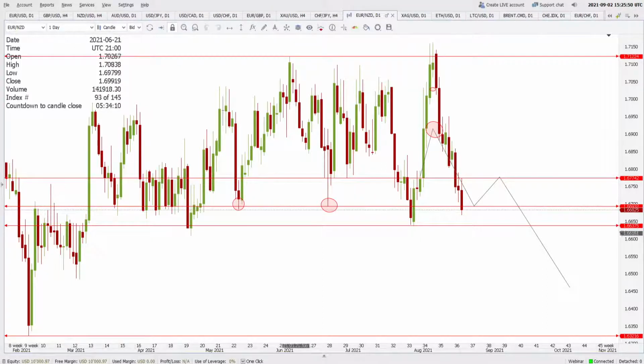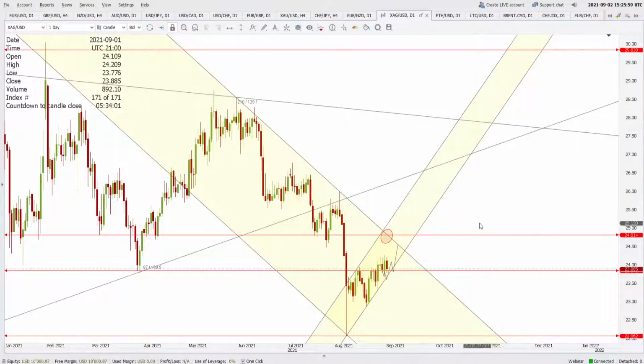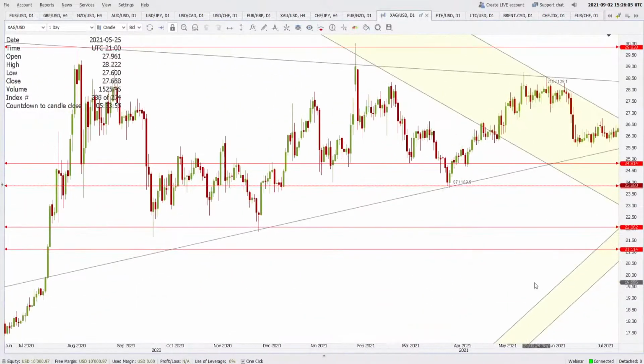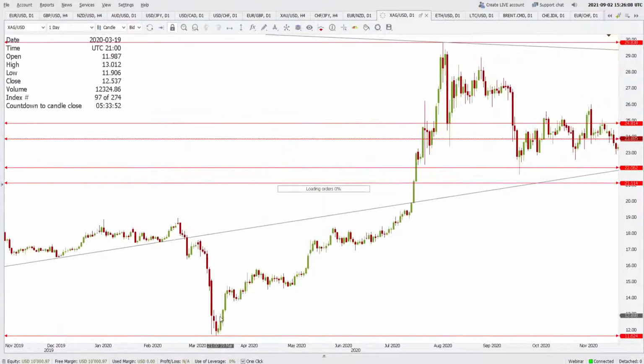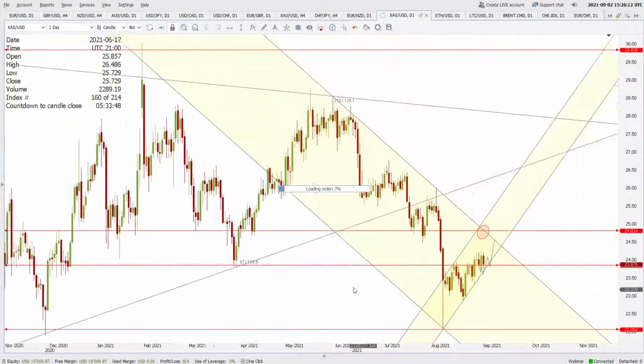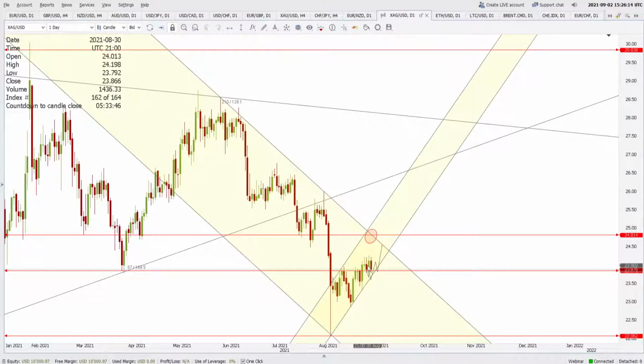Okay. So yes, 1.6637 is where we are expecting the support, a lot of support actually. So talking about the silver is going up, but this is not a sort of buying that is expected in silver. When buying occurs in silver, it occurs like this. Okay, this is how the buying happens in silver. So what is this happening right now? I feel this is a dead cat bounce.